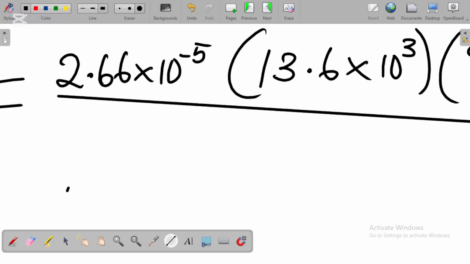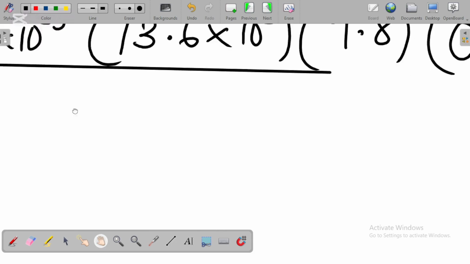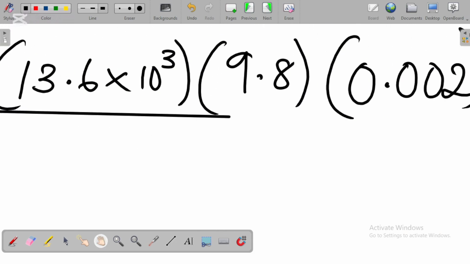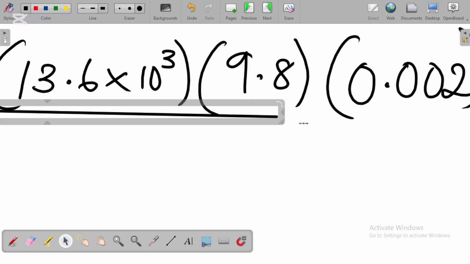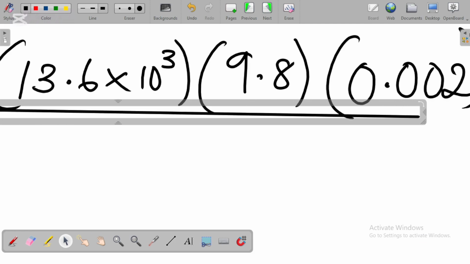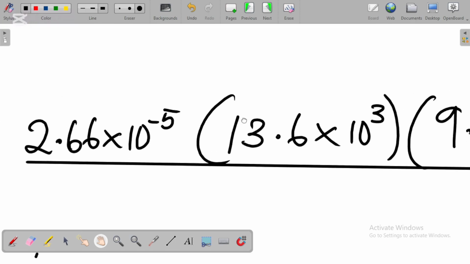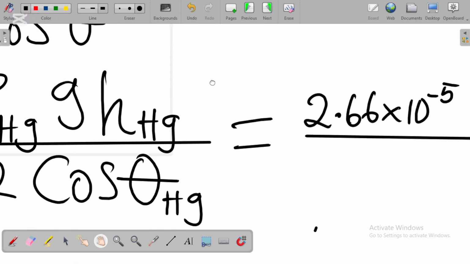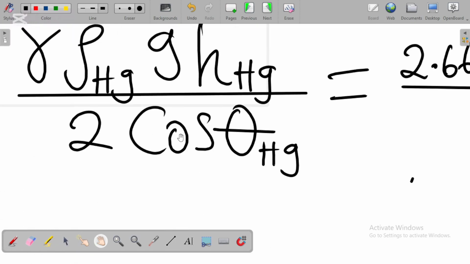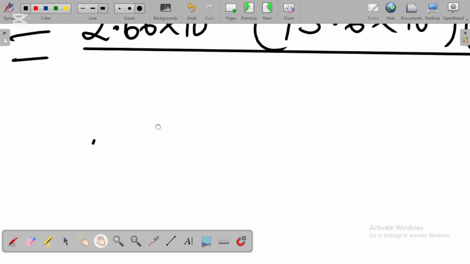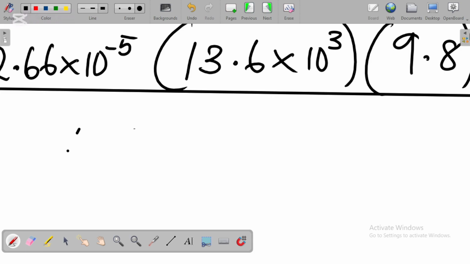So all over what? The denominator here is 2 cos theta. So we write 2 cos theta.